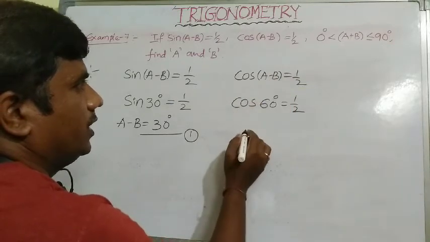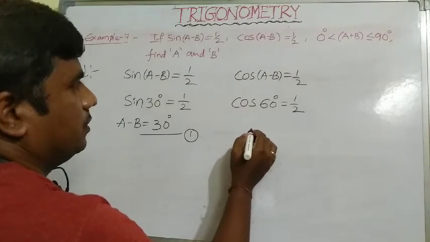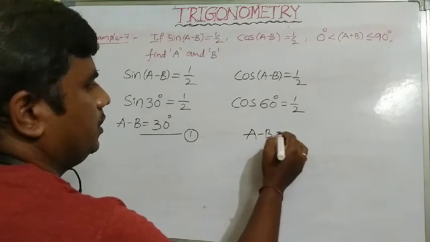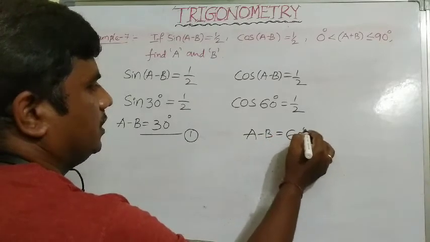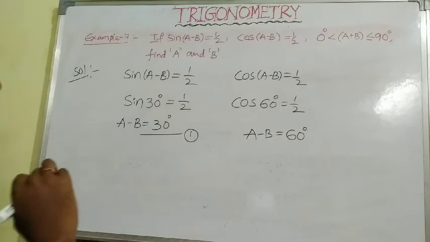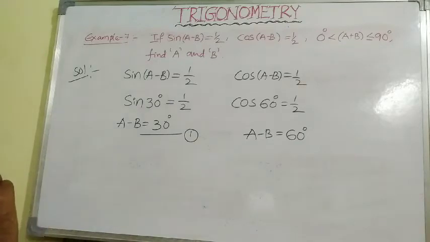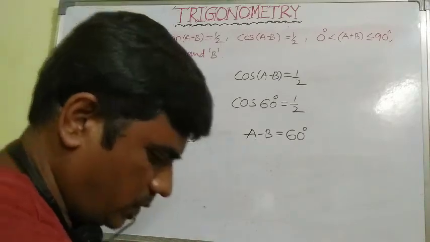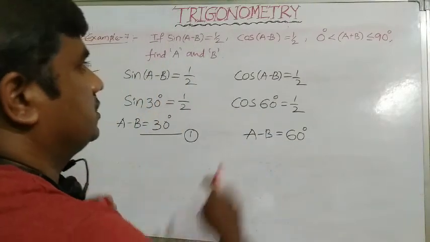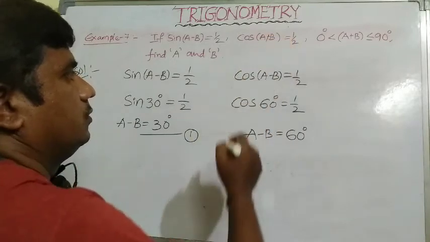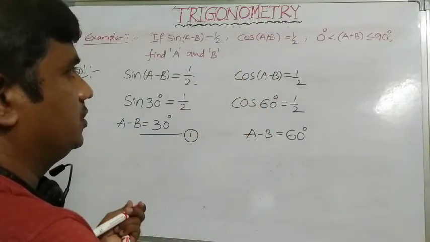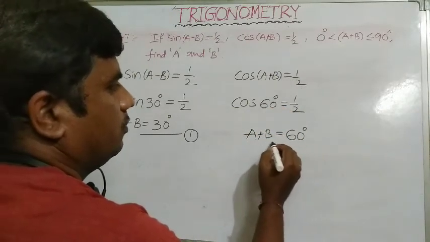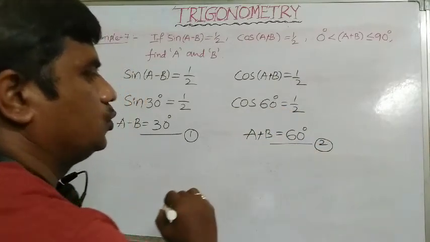That means a plus b should equal 60 degrees. Sorry, this is not minus, this one is plus. So this one is cos(a plus b), and this is also a plus b. Now make it equation number 2.